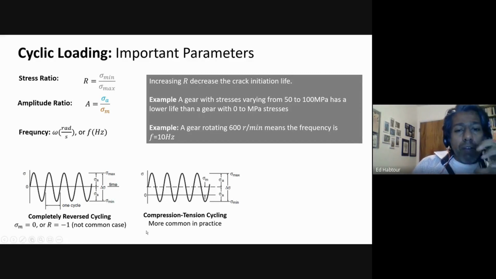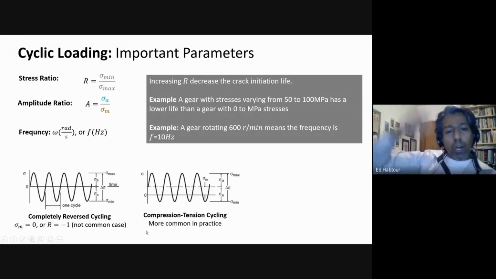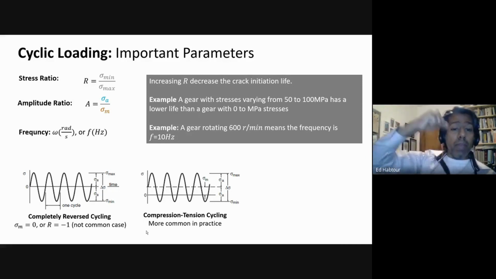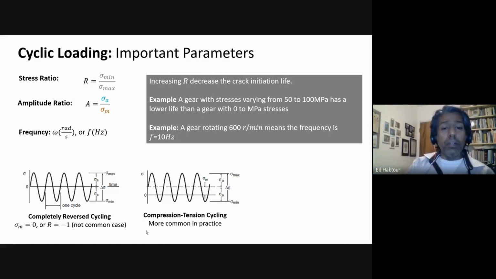If you have compression, so when you load cyclically, in some instances you'll be in pure tension. In some instances you may have some compression. So if you have compression-tension cycling, now you can't say that the mean is 0, and you have to consider that shift in your calculation and your assessment of fatigue.